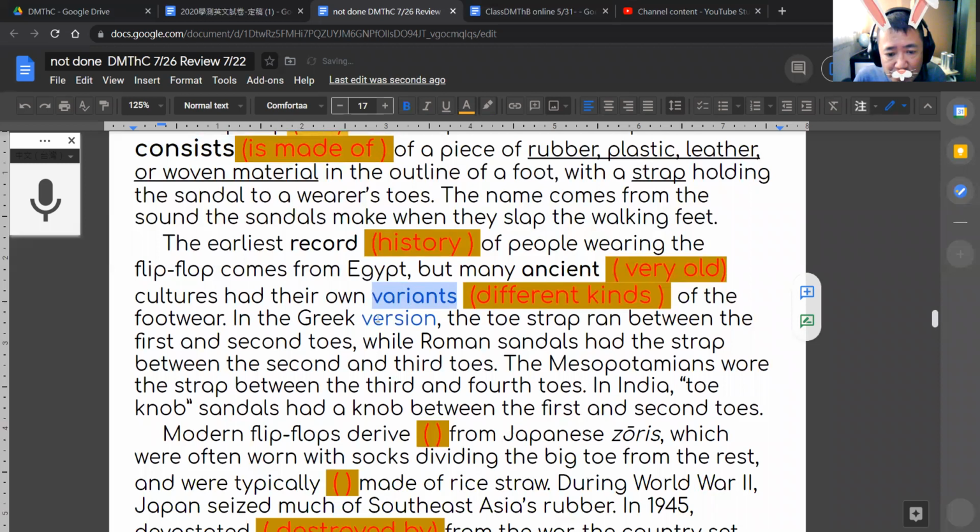Here we see that there are two words that mean exactly the same thing. All right, let me go on. So, but many ancient, very old cultures had their own variants, different kinds of the footwear, of flip-flops. In the Greek version, variant, so version and variant is the same thing. It is exactly the same meaning.